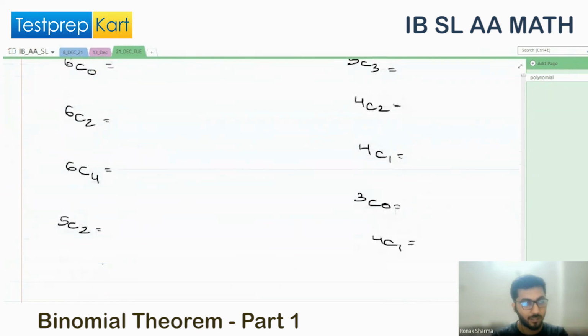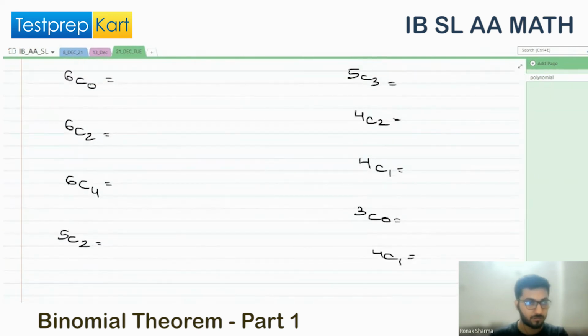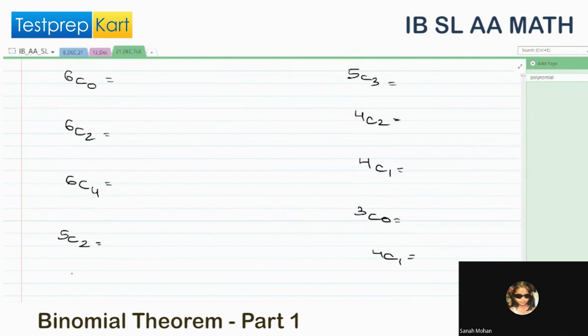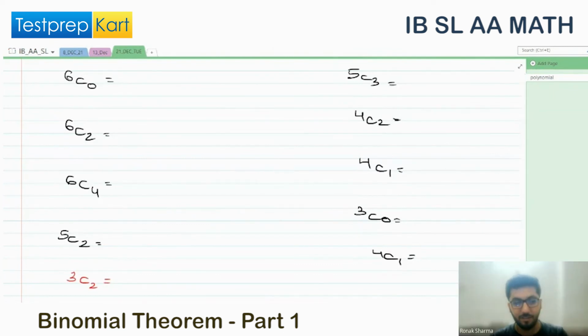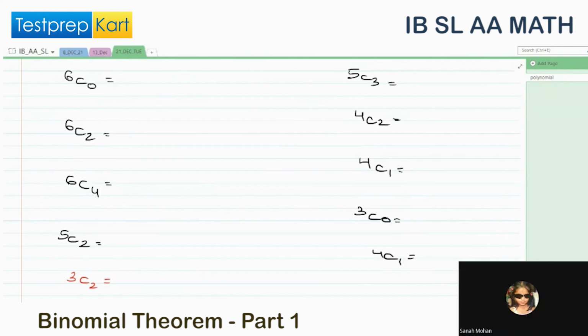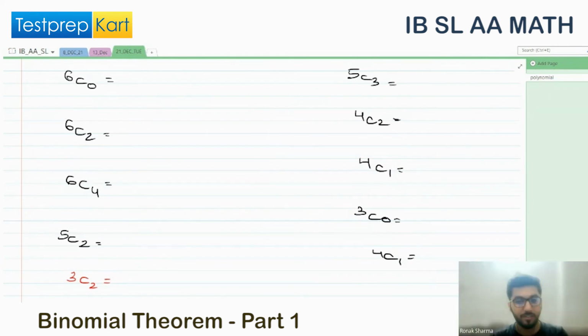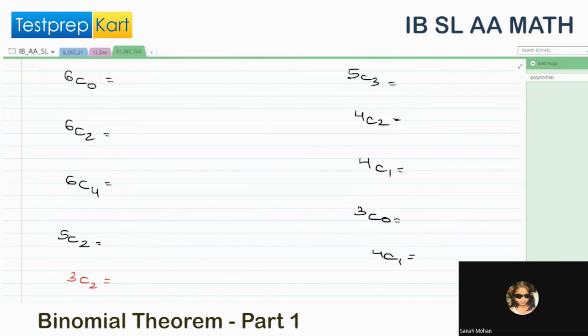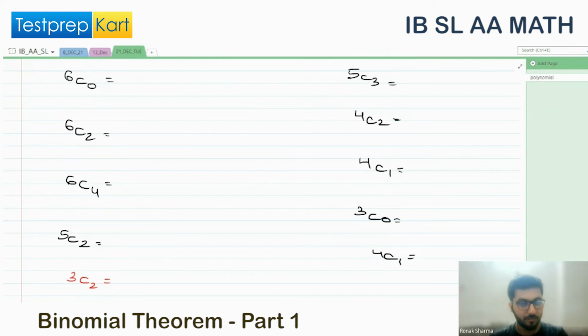You can use the calculator also. Do you know that you have directly the function NCR in your calculator? I'm not sure which calculator you are having right now. The TI-Nspire. Okay, I don't know if you can see that.